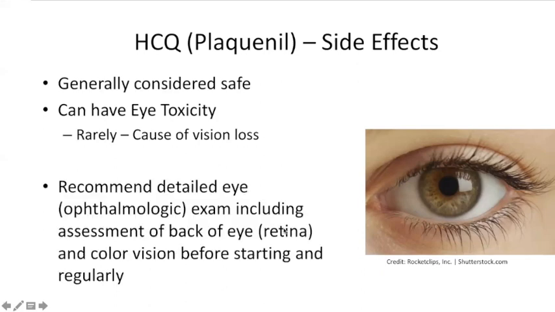So it is recommended to have a detailed eye exam with an ophthalmologist that includes an assessment of the back of the eye, or the retina, and a check of color vision before starting. But this is only something that's seen after many years of taking this medication, and again, usually at higher doses, much higher than what we usually use in our patients, but it's something that if you are on this medication, your doctor will talk about with you.